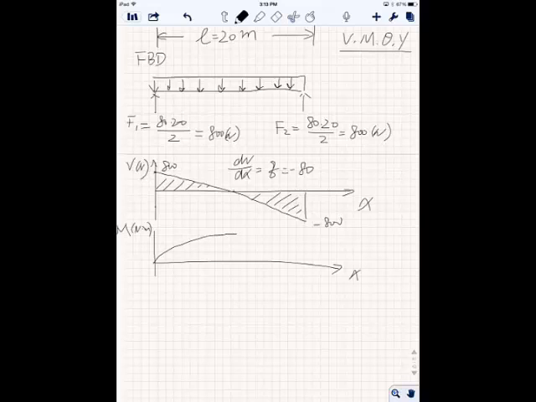And when shear equals 0, you have the maximum for the bending moment, right? At this point it equals the area of this triangle. What you need to do is 1 over 2 times 800 times 10, which is equal to 4,000. So that's what you did.